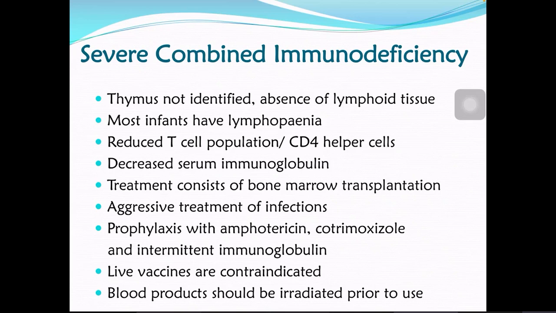There is also a place of using immunoglobulins intermittently. With all this and what has been said, live vaccines will obviously be contraindicated, and if you are planning to use blood products, please try to use irradiated blood products on patients with suspected immunodeficiency.